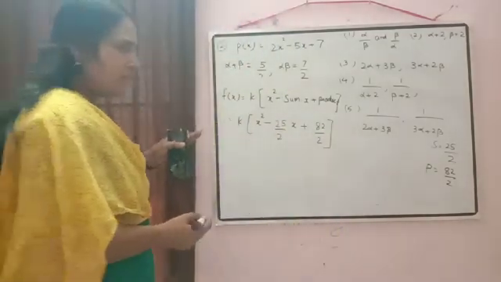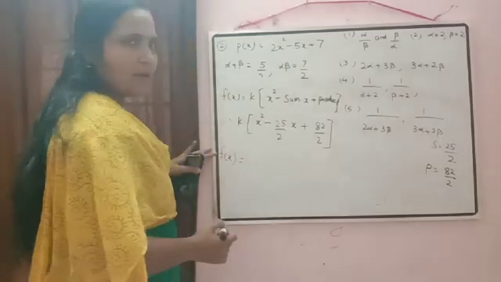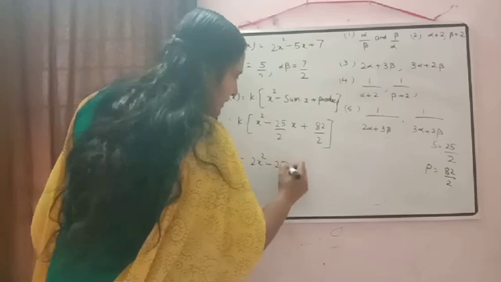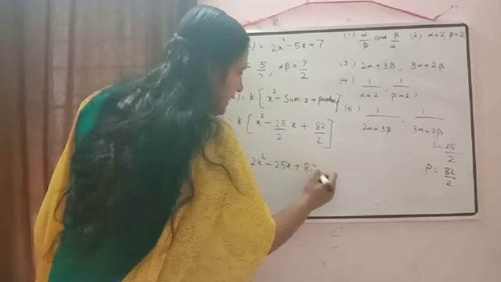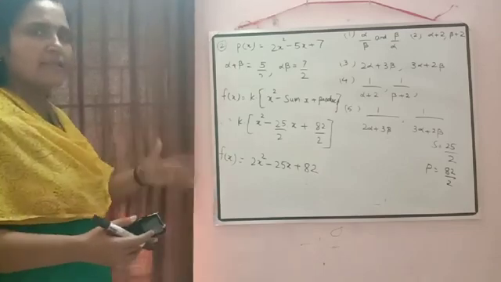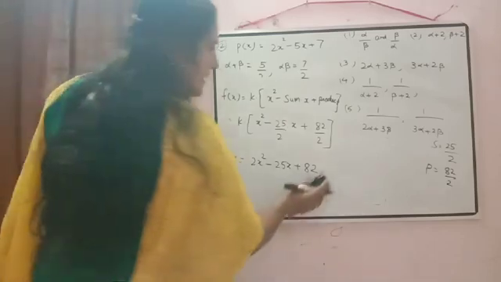Now what we can do? Yes, take k is equal to 2. So our required polynomial will be equal to 2x square minus 25x plus 82. So this type of question, when you practice it, then only you will get the concept. Okay. Now we will check the next question.